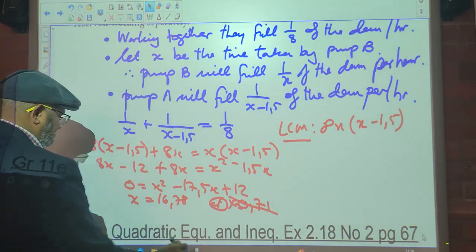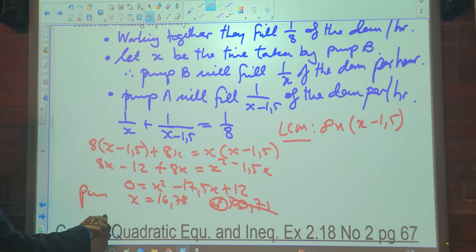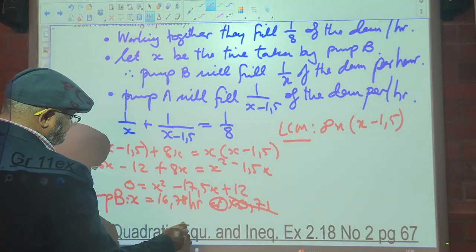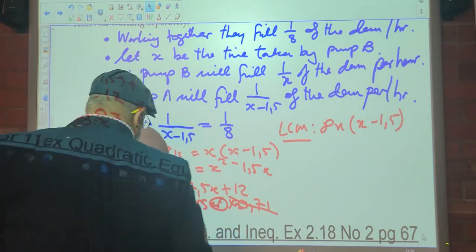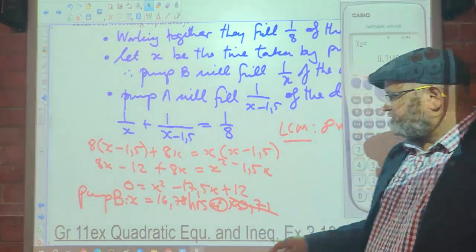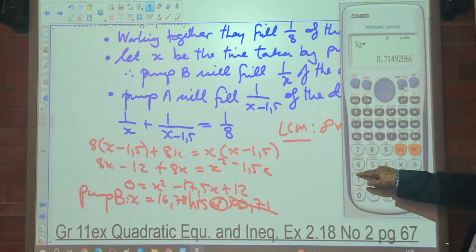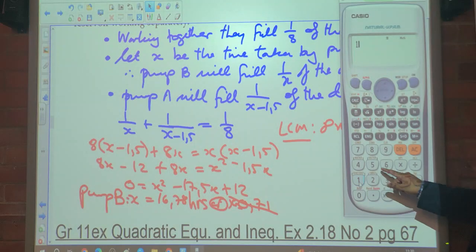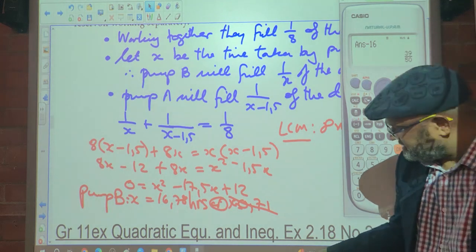So therefore, pump B will be 16.78 of an hour. Otherwise, I could have said, if we take that 16.78, take 16 away from it. So it's 16 hours.